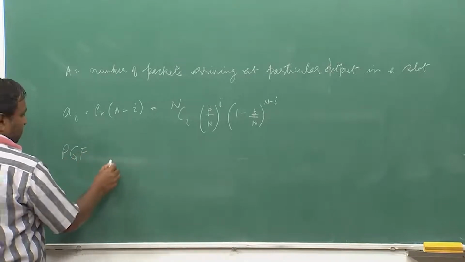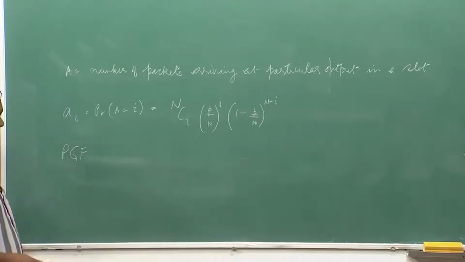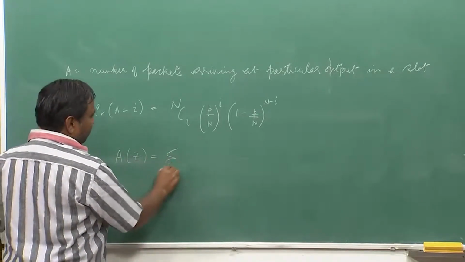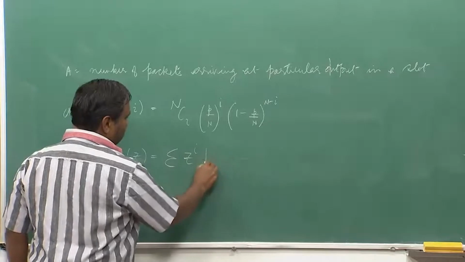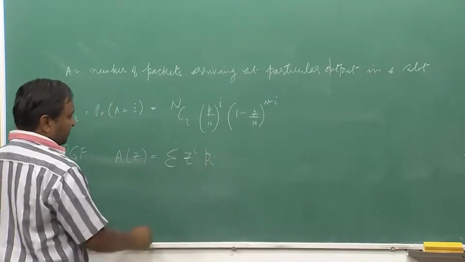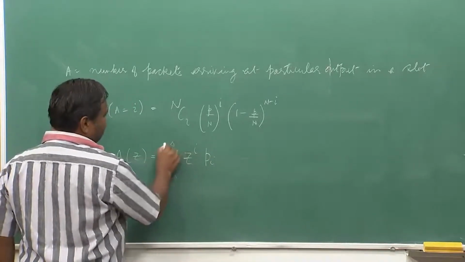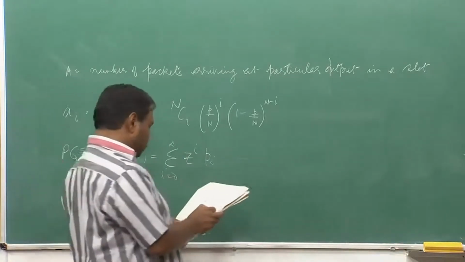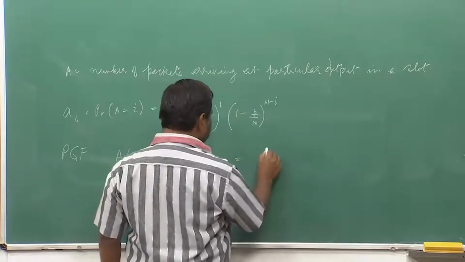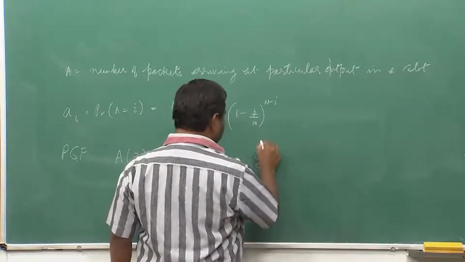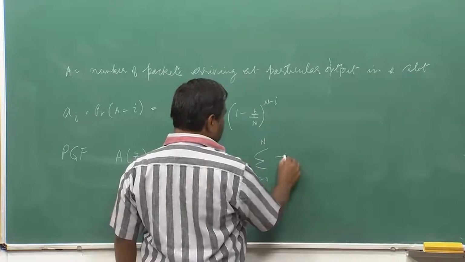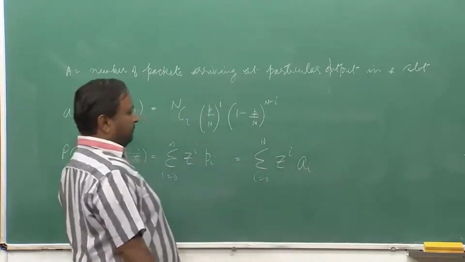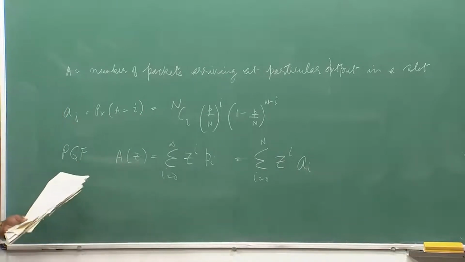This will be given by A(z), which is nothing but the Z transform. That is the way it will be written, i goes from 0 to infinity or whatever are the valid values. In this case, this will be the summation of i goes from 0 to n of z raised to power i times Ai.